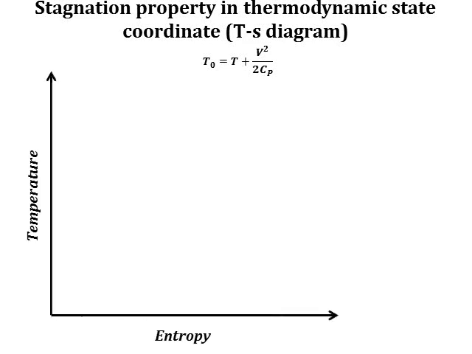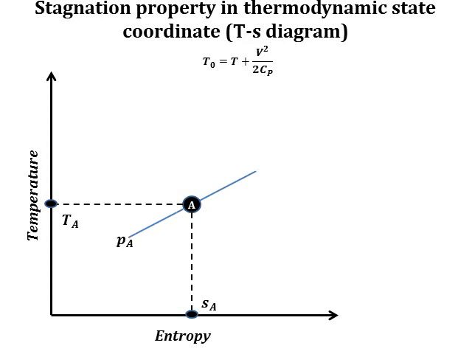Now let us see how the stagnation property is represented in the TS diagram. We recollect the following equation. This is the TS diagram. A represents the static condition. The corresponding temperature gives us the static temperature, and we get the corresponding entropy SA.